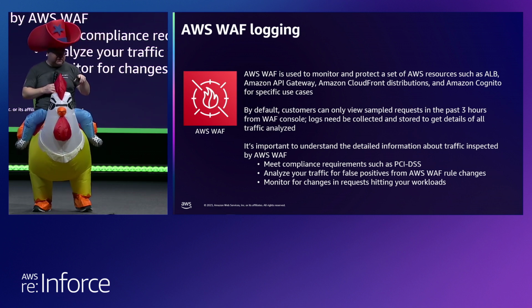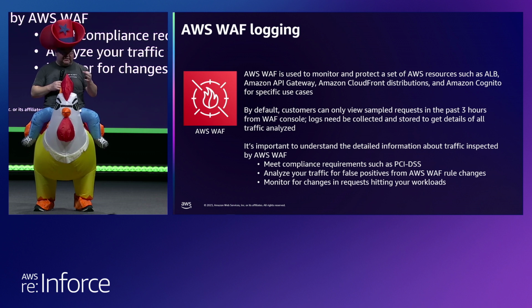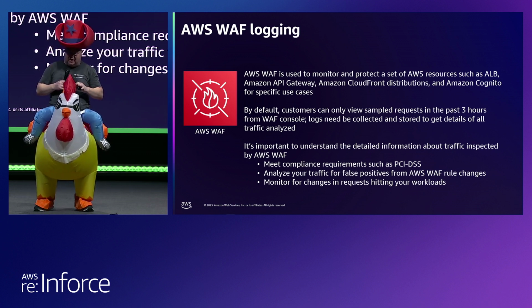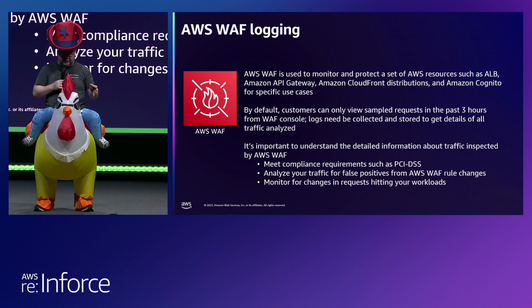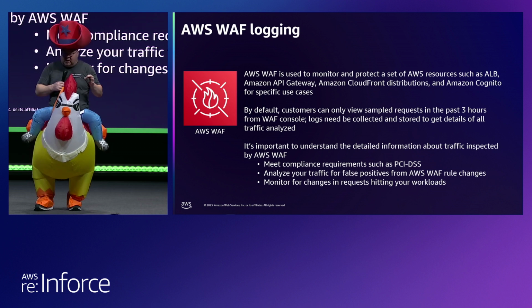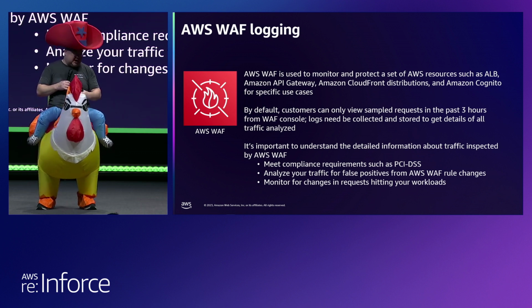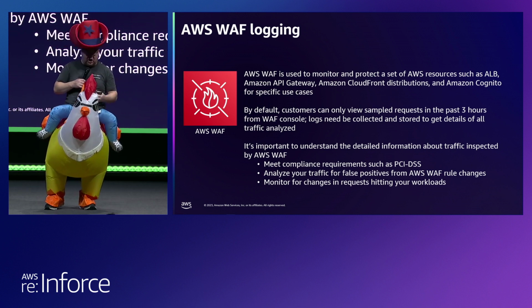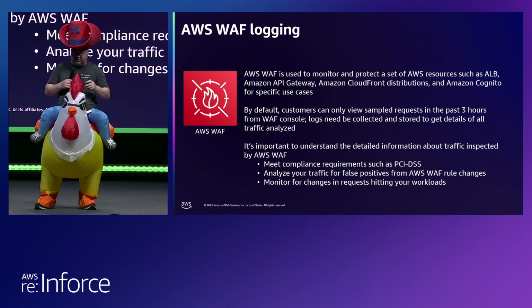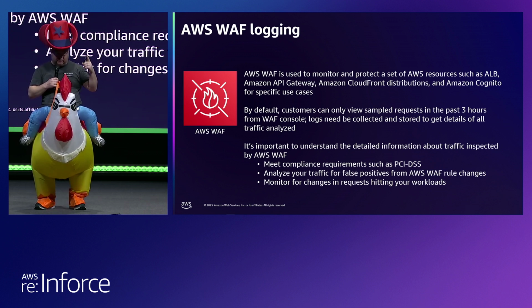And because you can terminate your SSL on the ALB and attach WAF to the ALB, it means that you can get a clear text view of what's going on in those requests, right? So we can set up logging. We can do that and centralize it again into a security account or a logging account where we want to wrap our tools around. But it'll give us a chance to see what the requests look like.